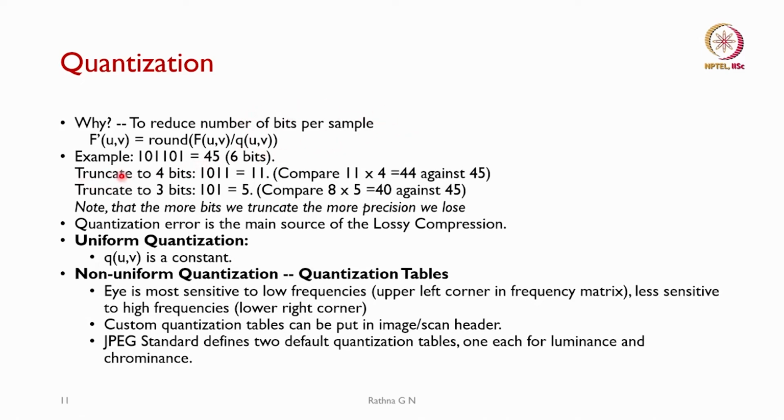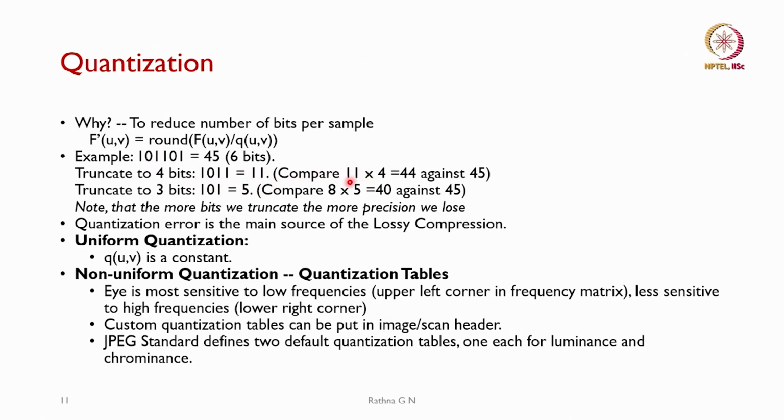That is what is shown here as an example: 101101, which is the value 45. We need 6 bits to represent it, and we will truncate it to 4 bits, then it becomes 1011, which is 11.